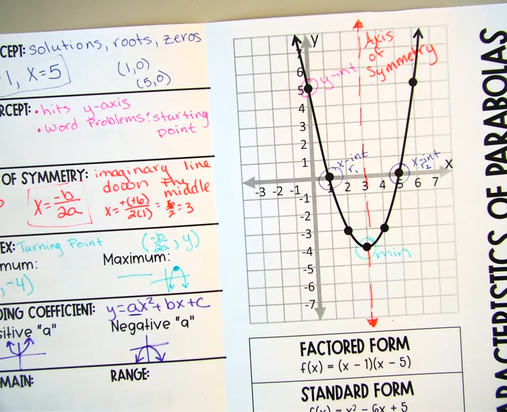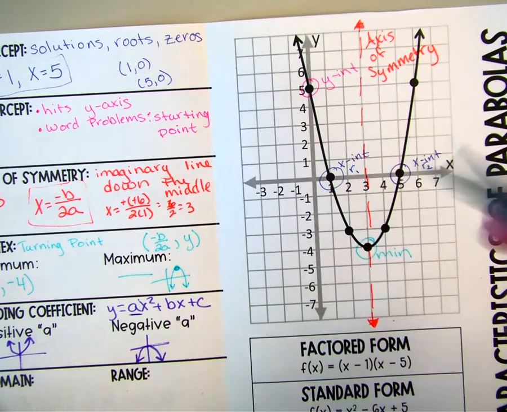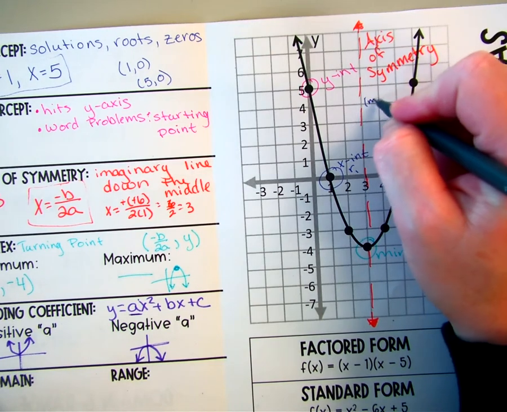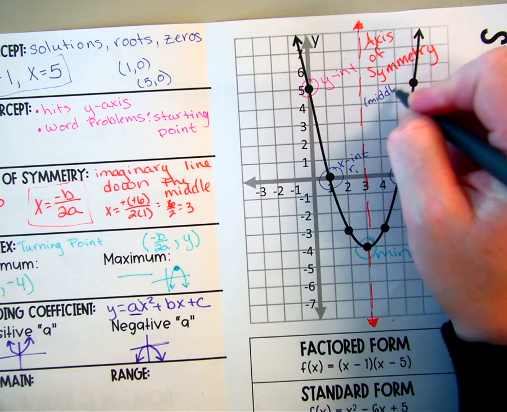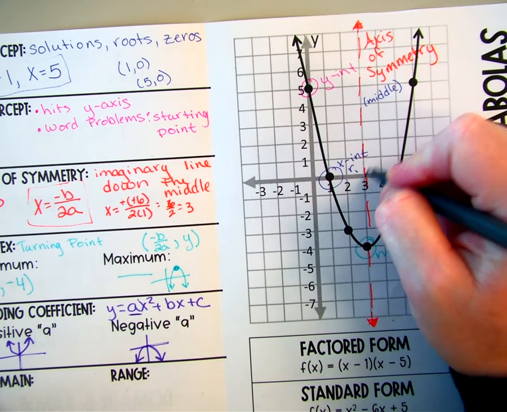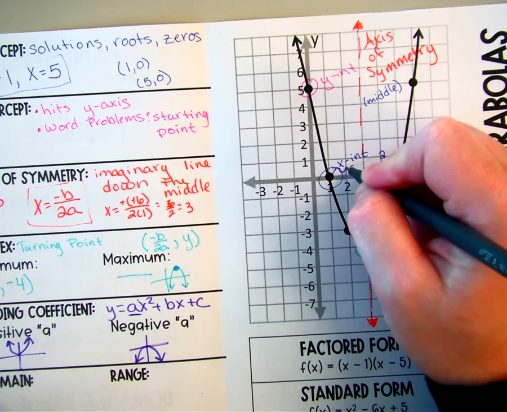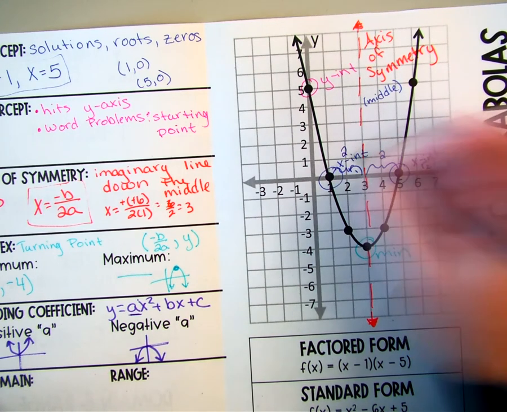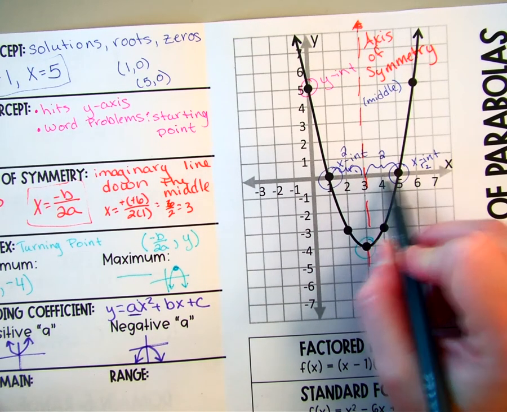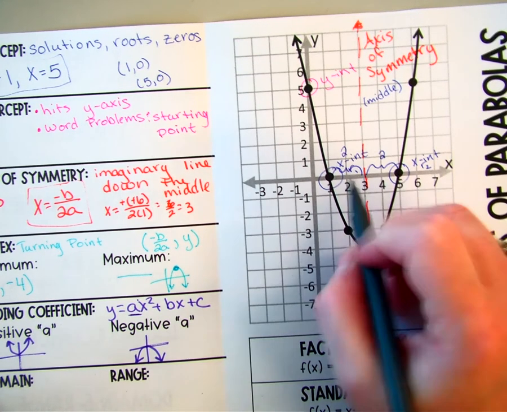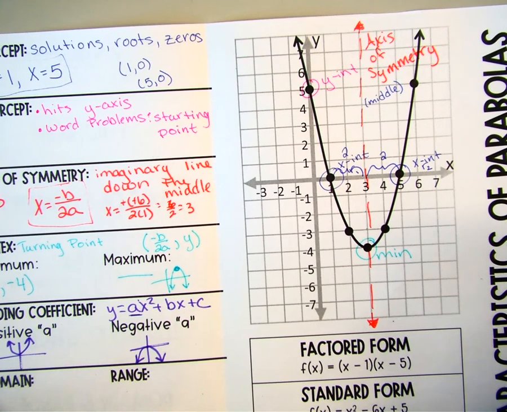So before we get into domain and range, I just thought of something I wanted to point out to you also with the axis of symmetry. So the axis of symmetry, again, that goes through our middle. So what I wanted to point out is it's in the middle of your roots as well. So here's my axis of symmetry. It's 2 units from that root, and it's 2 units from this root.